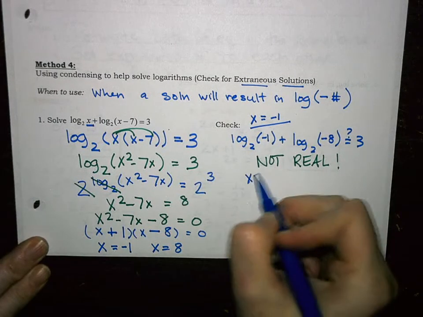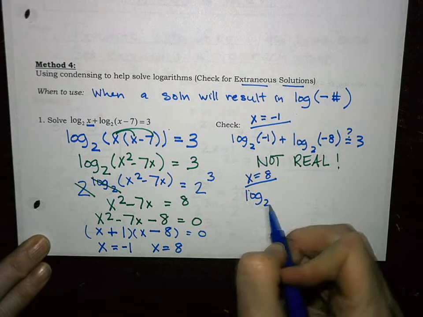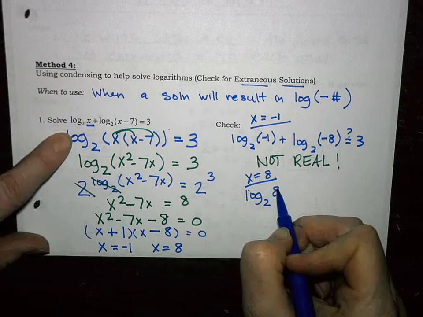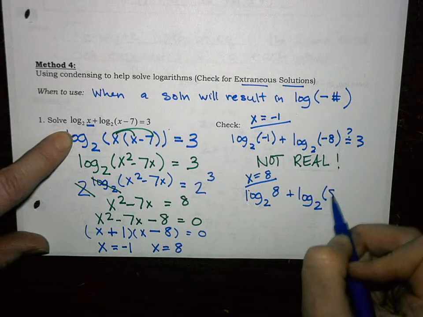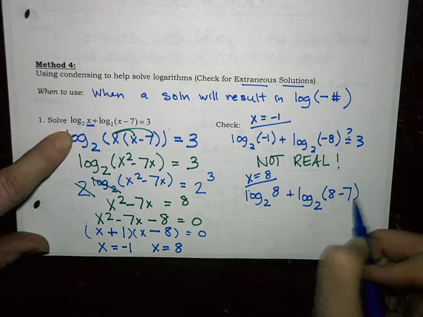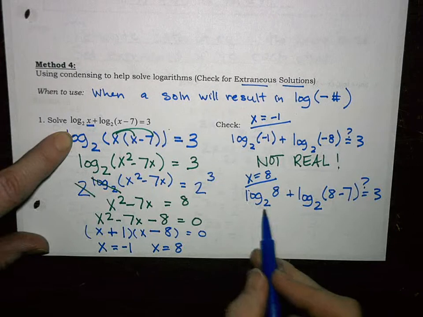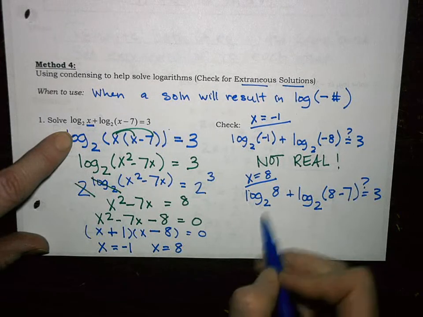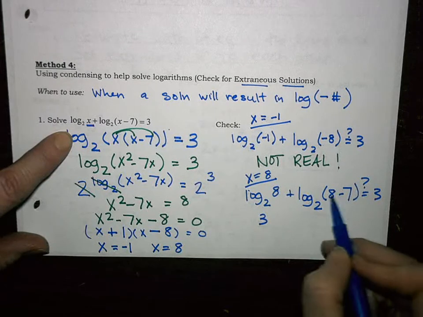So let's check my other solution, x equals 8. All right, the log base 2 of 8 plus the log base 2 of 8 minus 7. Is that equal to 3? Well, what is the log base 2 of 8? 2 to what power is 8? 3.